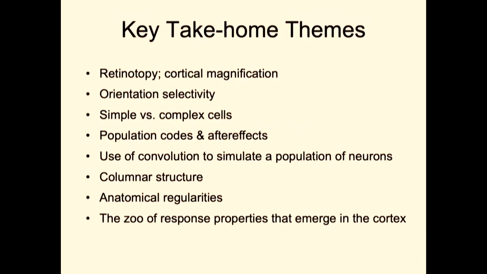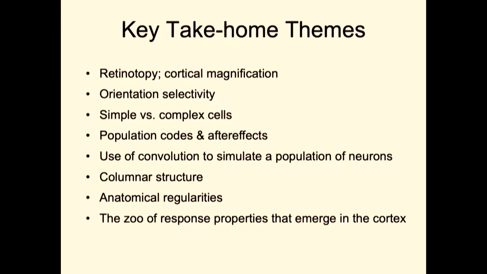All right, so the key take-home themes from this lecture are the idea of retinotopy as an organizational principle for the visual system, and cortical magnification. In the retina, we've got the foveal organization of the receptor lattice, and that translates into cortical magnification when you get to the cortex.